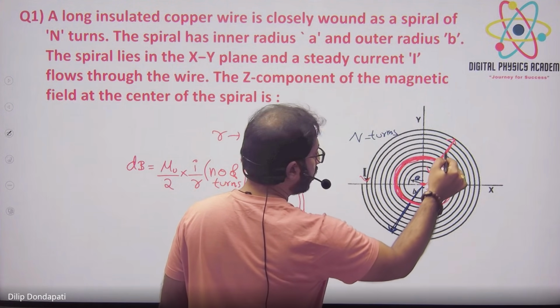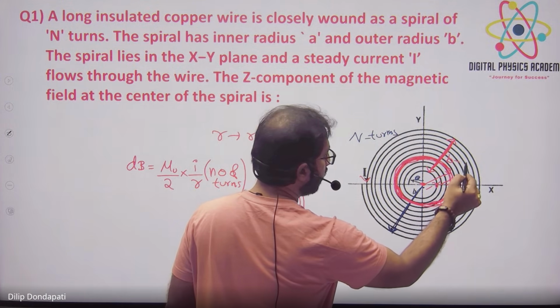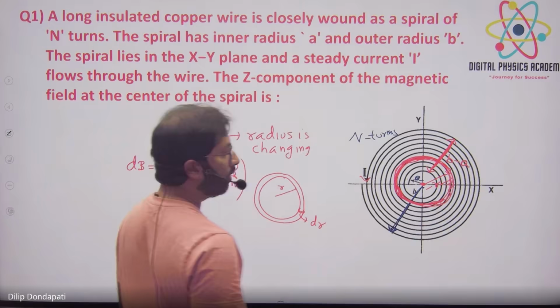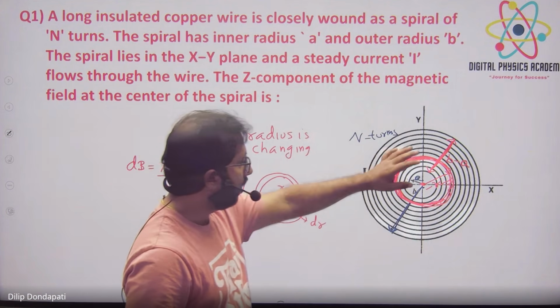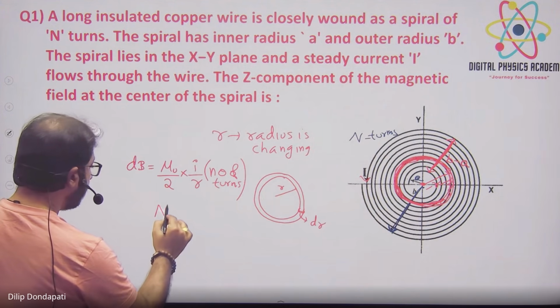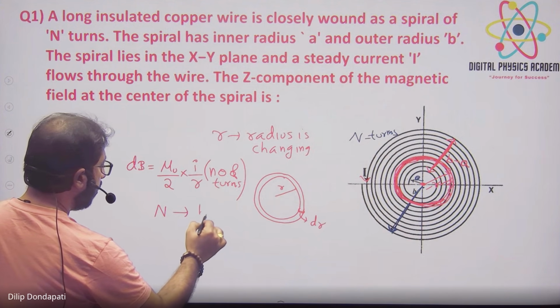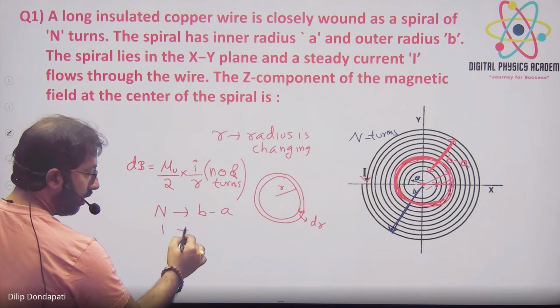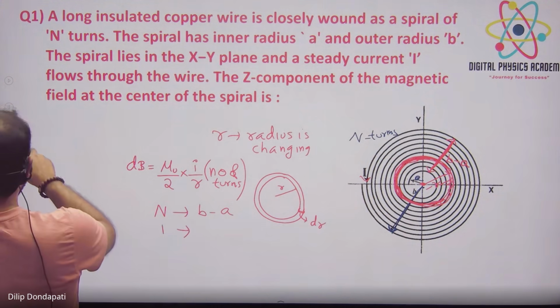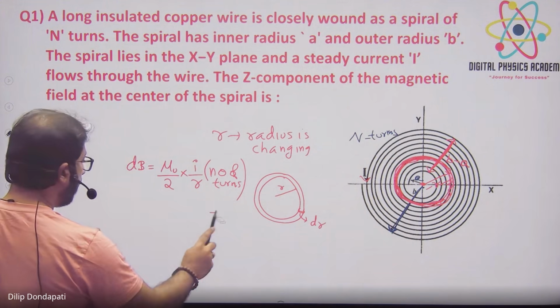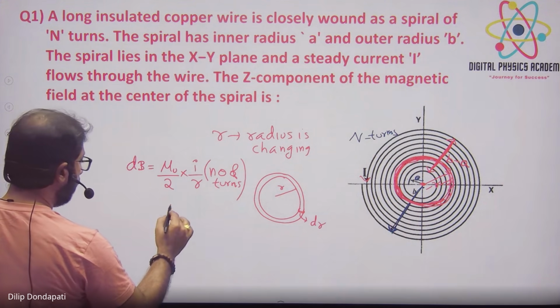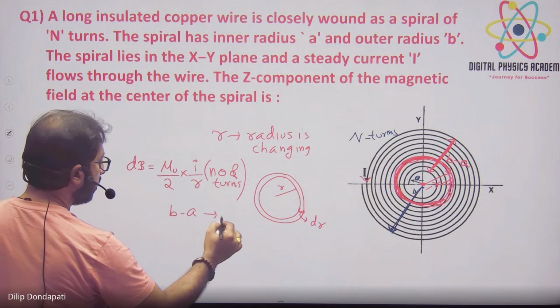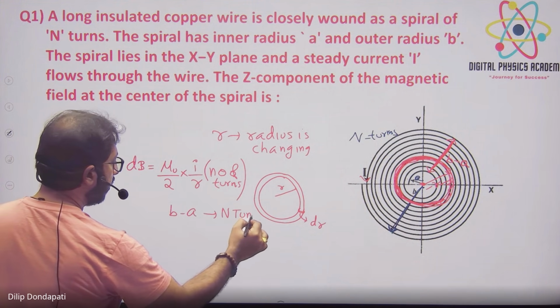This length is how much? b minus a. This length is b minus a. Now tell me, n turns have a thickness of b minus a. Take a length of b minus a, how many turns are there? n turns are there.